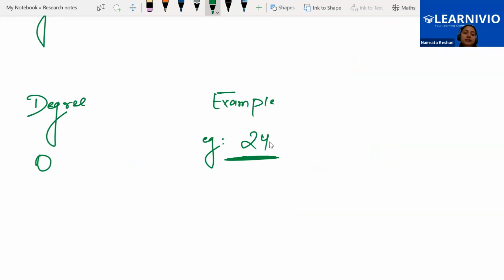Perfect. And when the degree of the polynomial is 0, the name of the polynomial is zero polynomial, or one more name is constant polynomial.